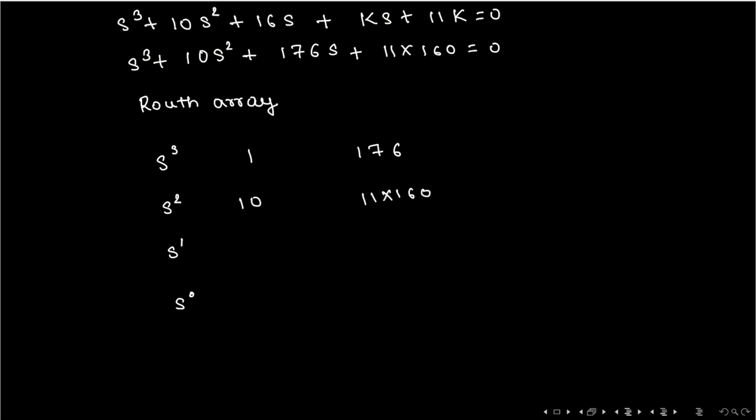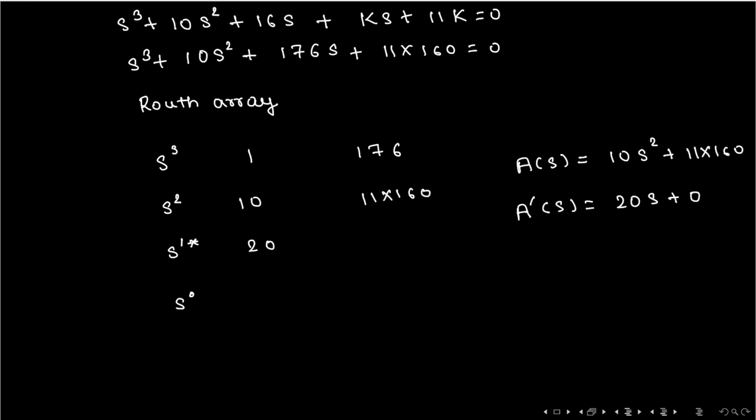So the next row will be 0 0, but we will use here the concept of the auxiliary equation, which is 10s square plus 11 into 160. Differentiating it once with respect to s, we get 20s plus 0. So we get s1 as 20 and 0, and s0 will be 11 into 160.